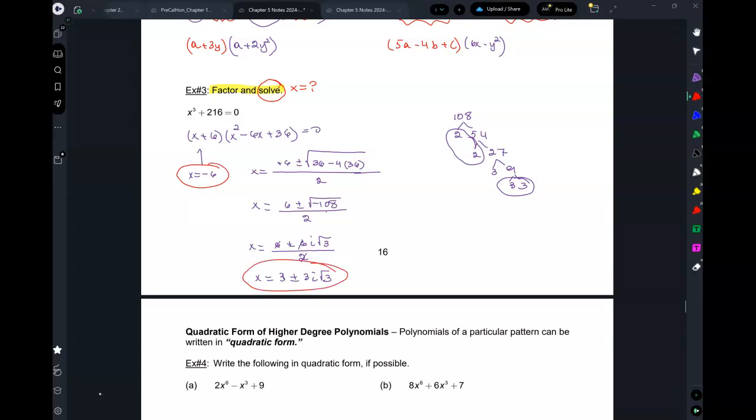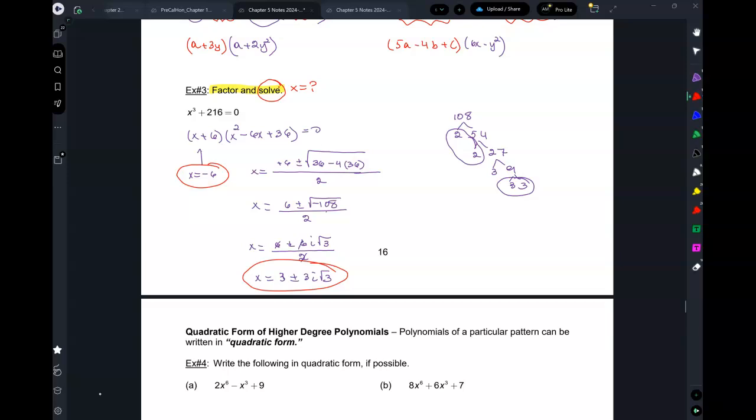If you had not factored, if you had just moved the 216 to the other side, all you would have gotten is the negative 6 and not the other two, right? So two things here. A, the directions explicitly say to factor first. And B, factoring really does give you the whole picture. Otherwise, you lose half of the problem.